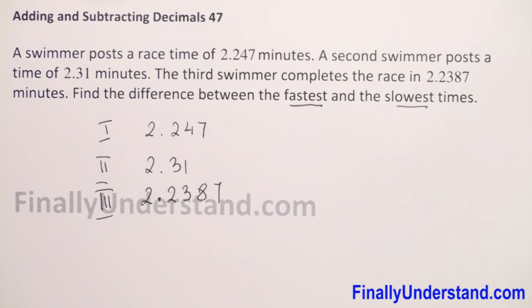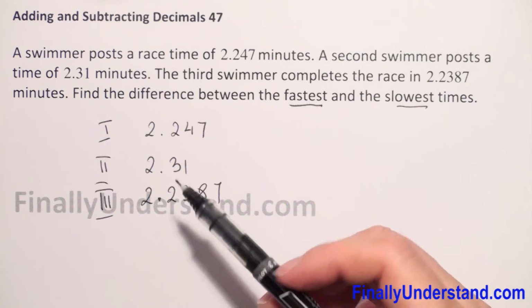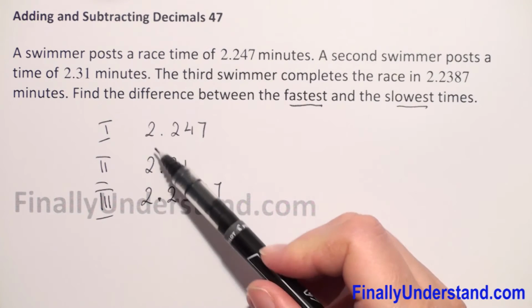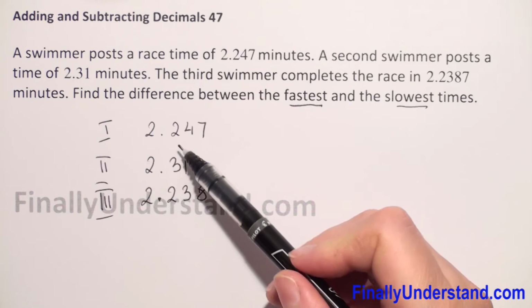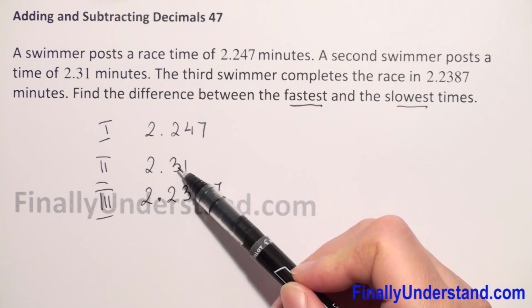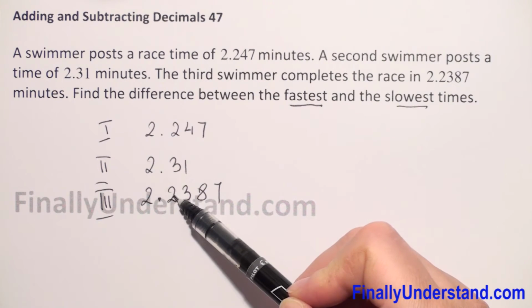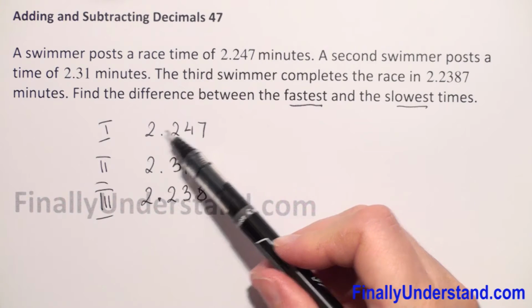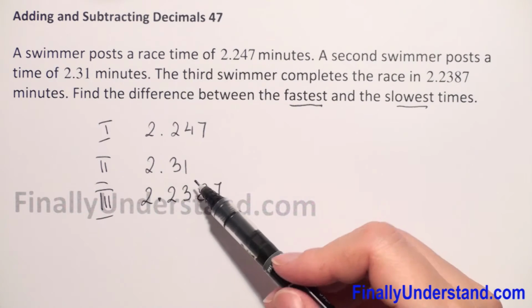So now we have to find the fastest and the slowest. Which is the fastest? The fastest, of course, will be the smallest number. So let's check. First, whole numbers: we have 2, 2, 2, decimal point. The next digits are 2, 3, 2. So 3 is greater than 2, so we have to check the first swimmer and the third swimmer.